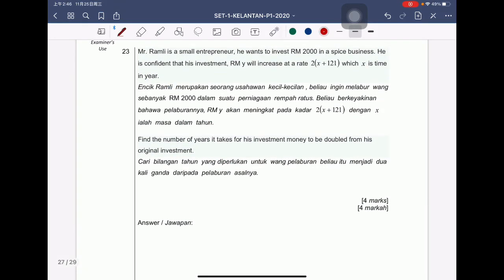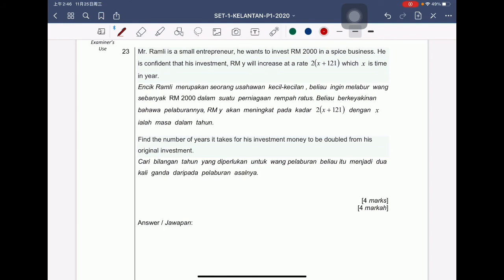So now let us look at question 23. Mr. Ramli is a small entrepreneur. He wants to invest 2,000 ringgit in a spice business. He is confident that his investment of 1 ringgit will increase at the rate 2(x plus 121), where x is time in years.